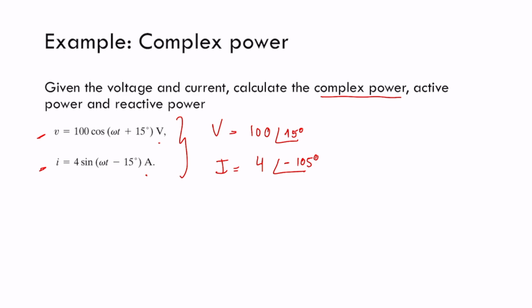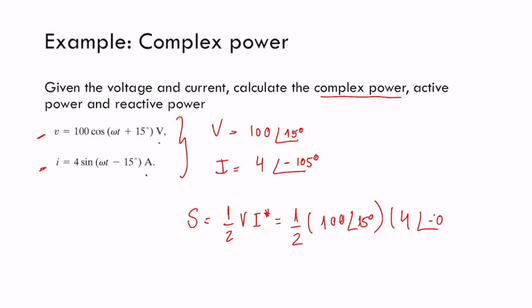Then I can compute the complex power. The complex power, remember, is 1/2 of V I star. So it is equal to 1/2 of 100 at 15 degrees, times 4 at minus 105 degrees.